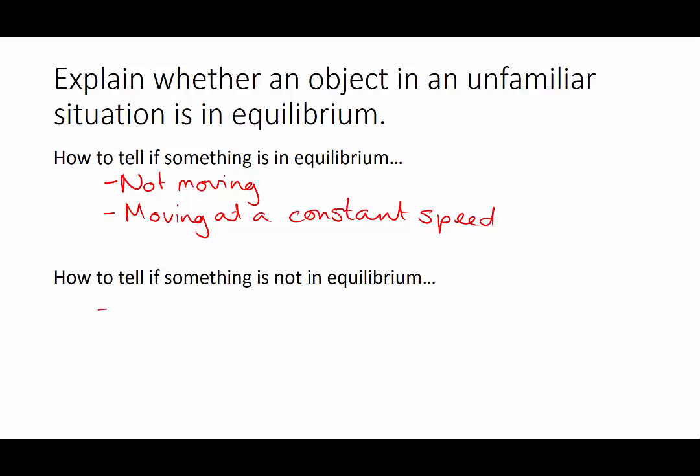If your object is not in equilibrium, it will be accelerating, so getting faster. Or alternatively, it could be decelerating, getting slower. Or it could also be rotating.